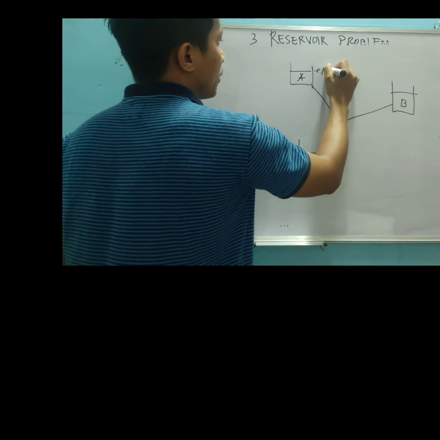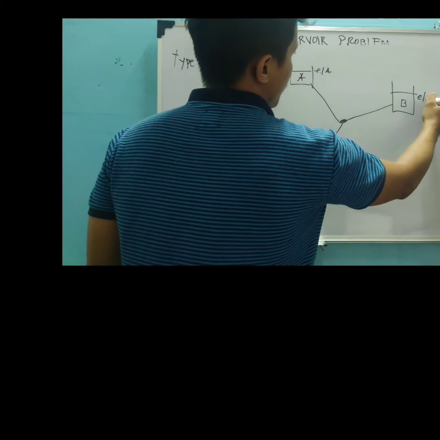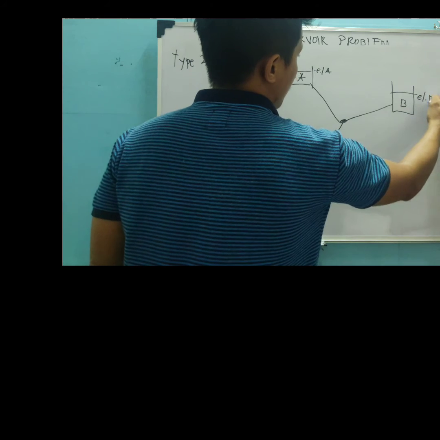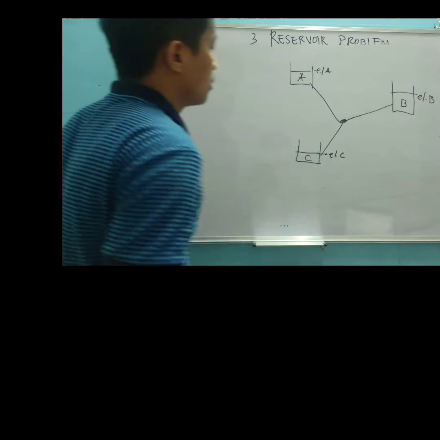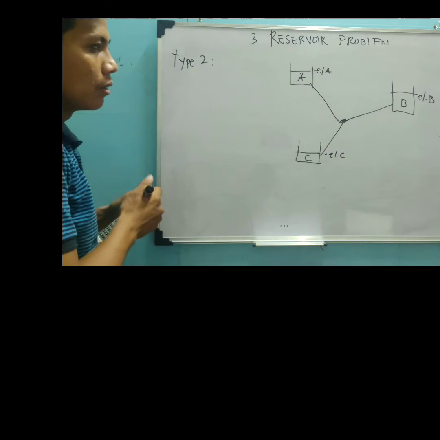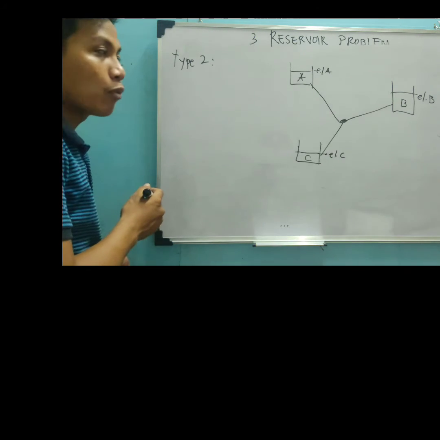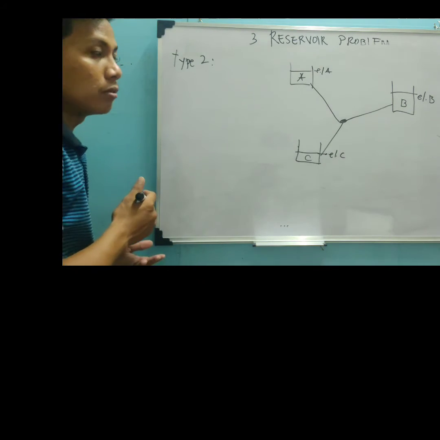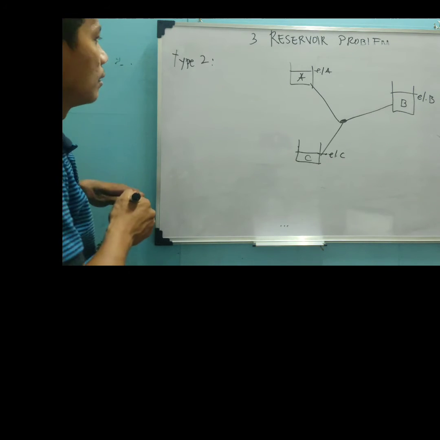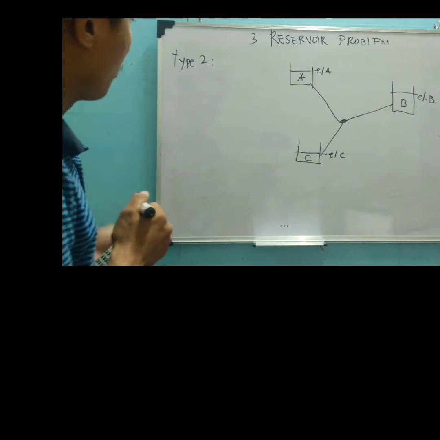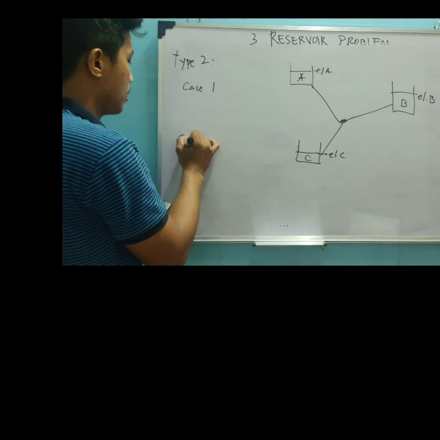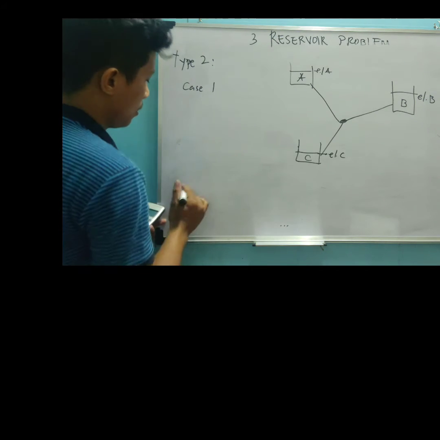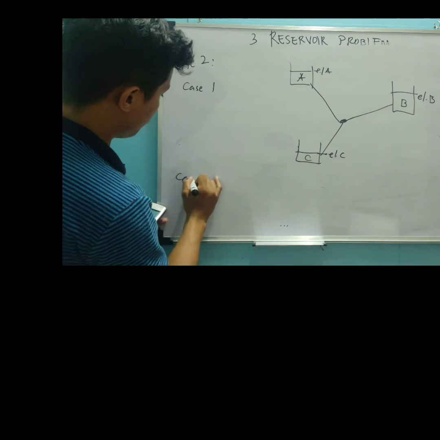So, elevation A, elevation B, then elevation C. So, ang mahirap kasi dito, di ba, i-prove mo pa kung saan yung papunta yung flow. So, kaya, mayroong case 1 yan, tsaka case 2.